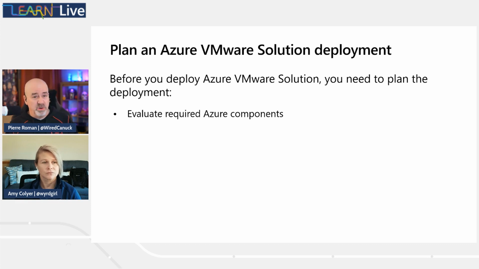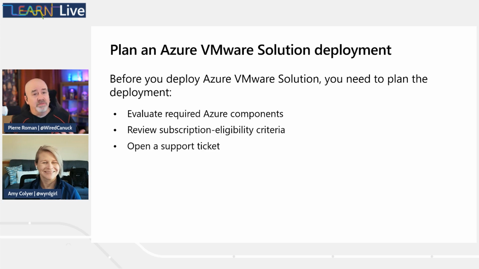You have to figure out what your resource name is going to be. You have to check your subscription eligibility, and you have to open a support ticket. The support ticket is really because the nodes for your VMs are a certain size that typically is restricted for most customers. They're massive. So you're asking for a lot of compute and storage.